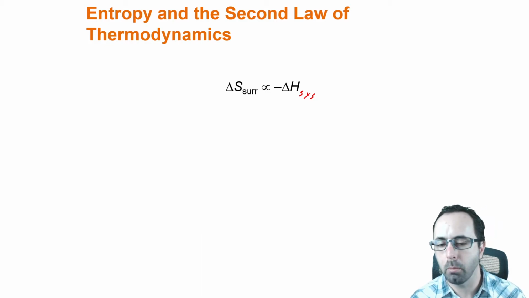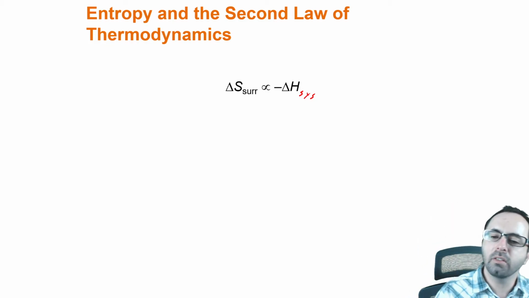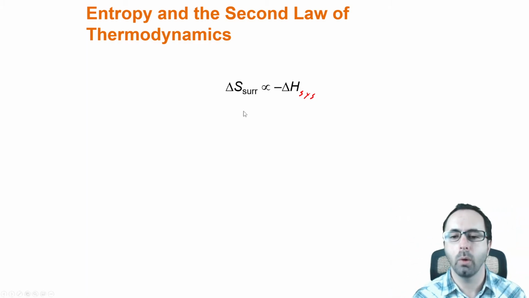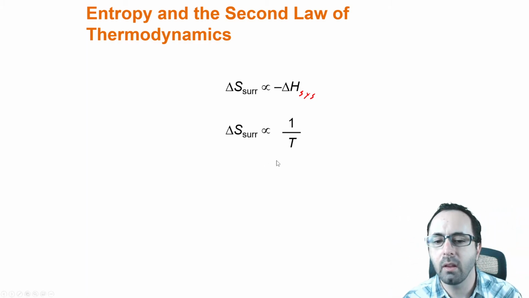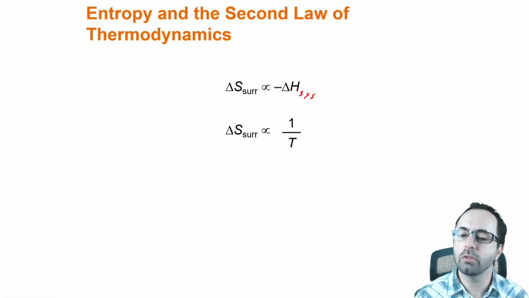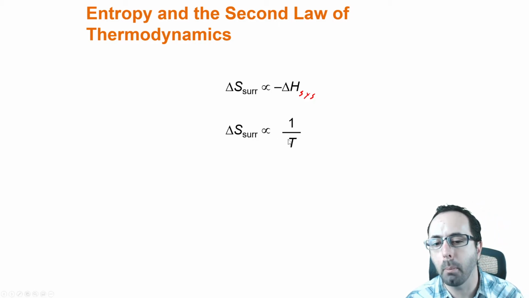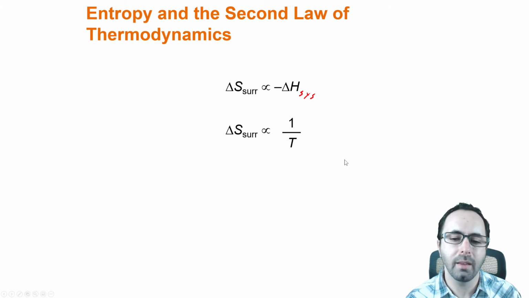So these go opposite to one another. They're inversely proportional. But there's something else that affects the delta S as well. And it's that the delta S of the surroundings is inversely proportional to the temperature. These go opposite. Why is that?